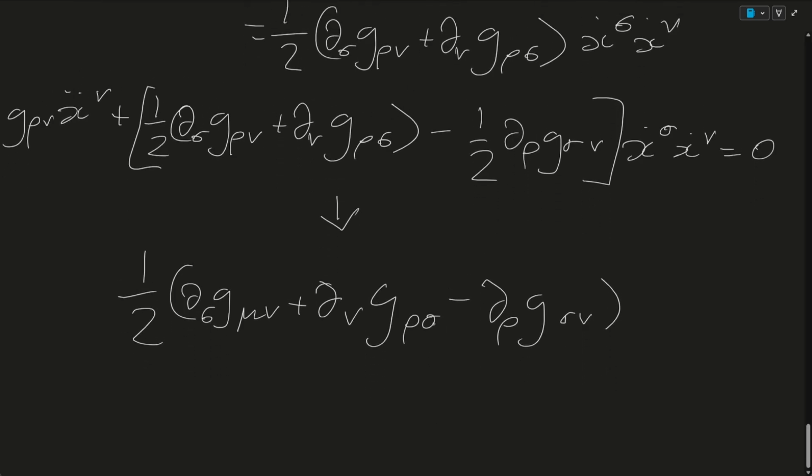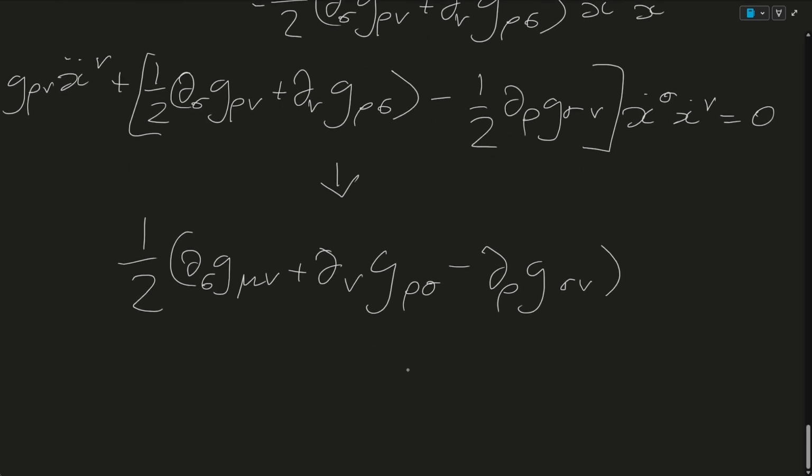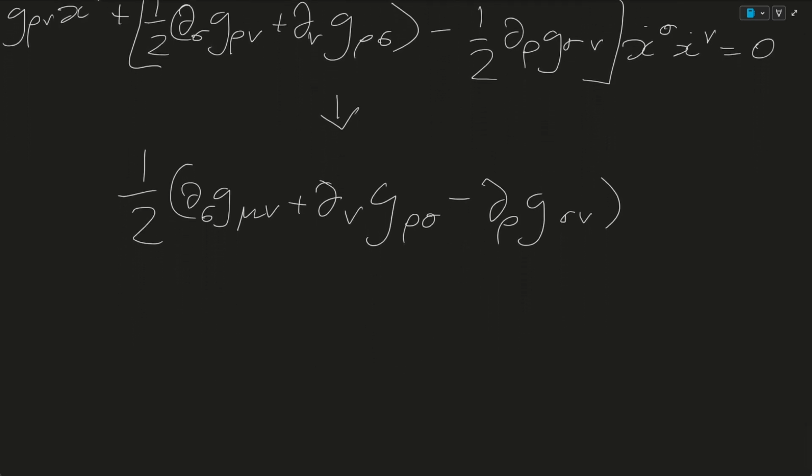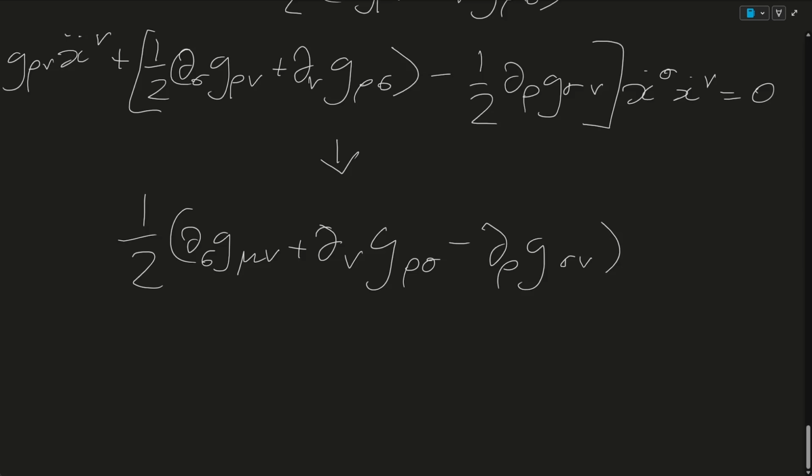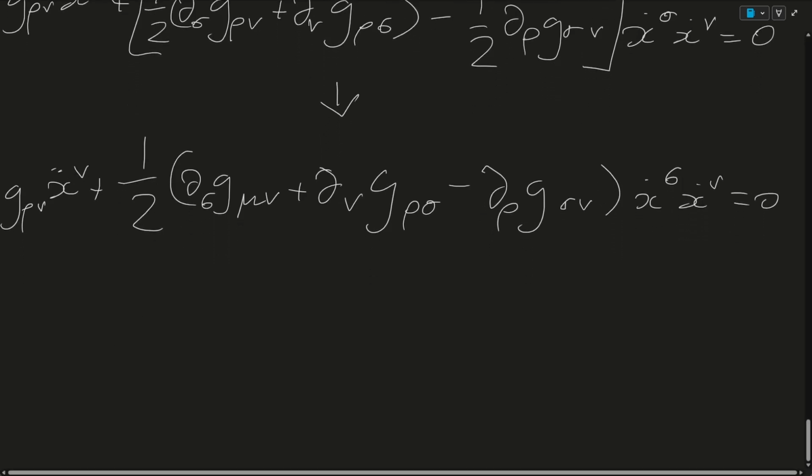We can just leave it like that, but there's one more step we need to do. We need to isolate the acceleration first. That would be x dot sigma x dot nu equals 0, and obviously plus our g rho nu x double dot nu.